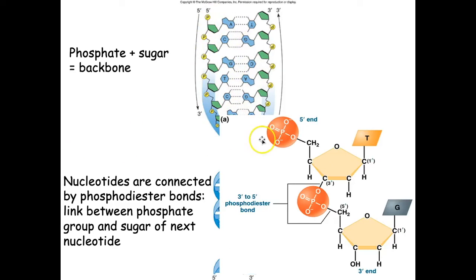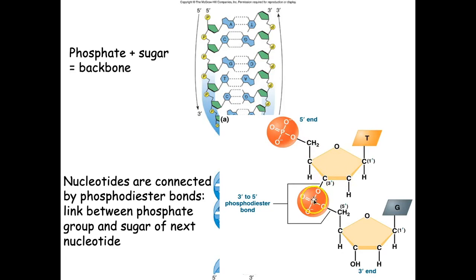So to show you that, depicted a little bit differently, what we're looking at here is the exact same thing we've been talking about. Here's our base, so this would be thymine. Here's our pentose sugar with all of our carbons. Two of them are labeled: the 1' carbon and the 3' carbon. This base and this sugar belong to this phosphate.